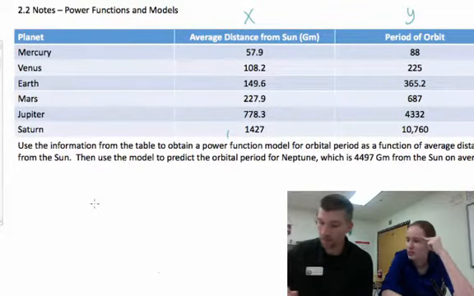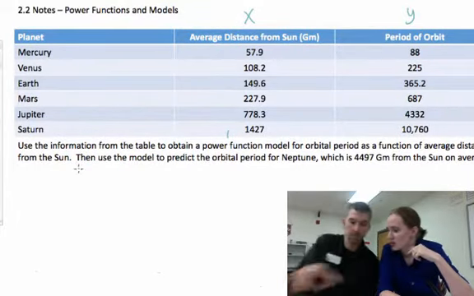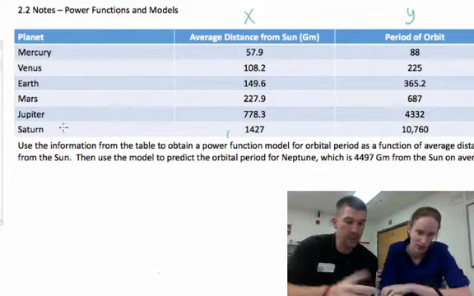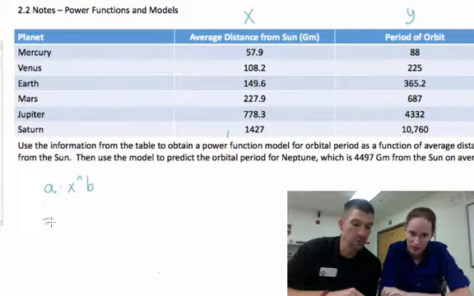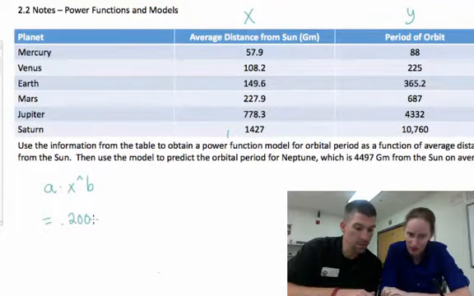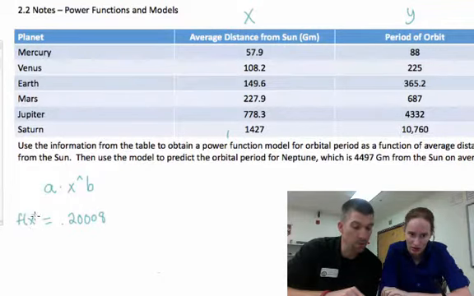It should pull up and show you all the columns, and then it says it's A times X to the B. A in this case is 0.20008. How many zeros? 3 zeros. B is 1.49962.